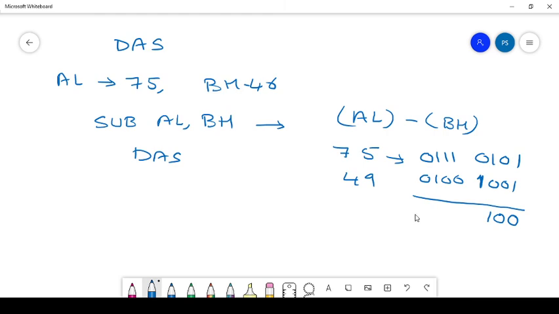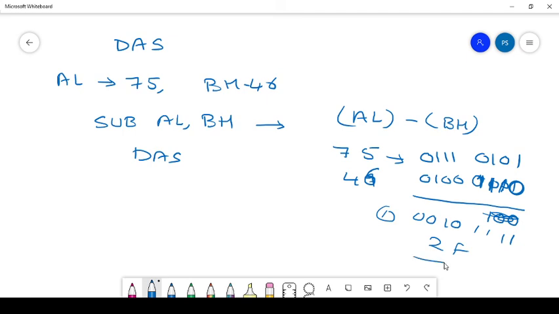After subtracting, with borrow, we finally get 0010 1111, that is 2F.